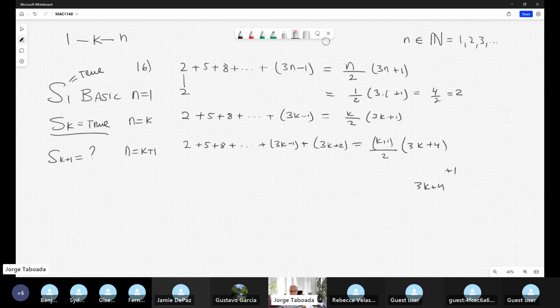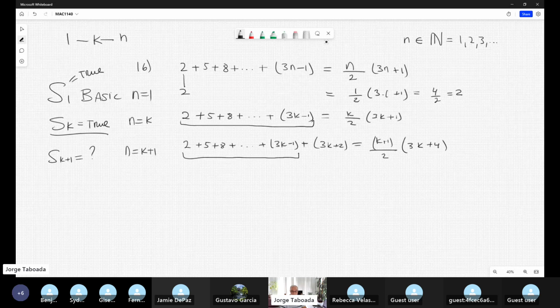Almost I finish. Now, remember our initial assumption. It's this part: S equals k over 2 times (3k plus 1). Now we include one more, which is 3k plus 2.